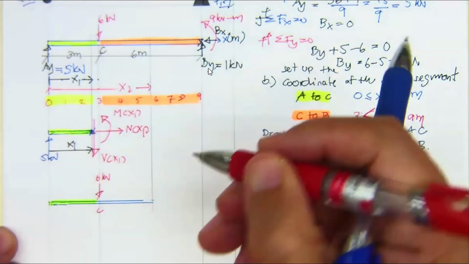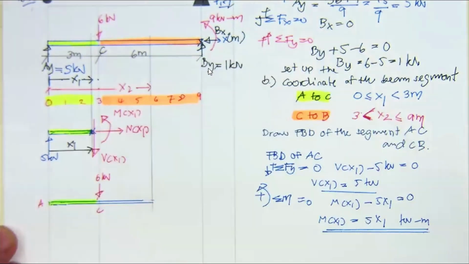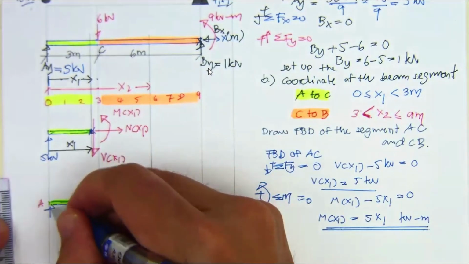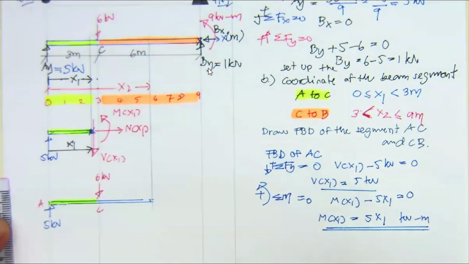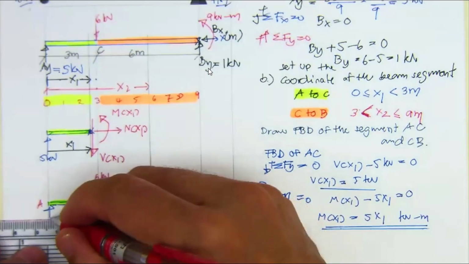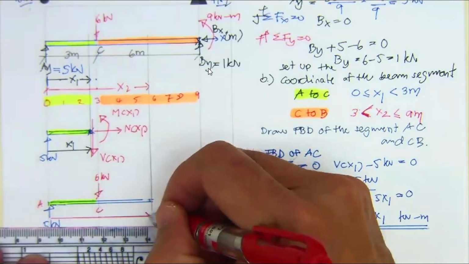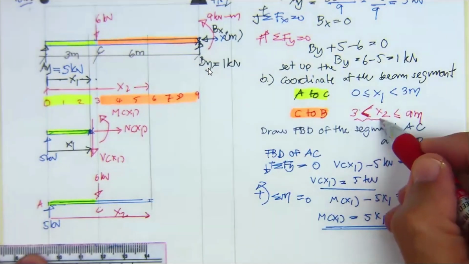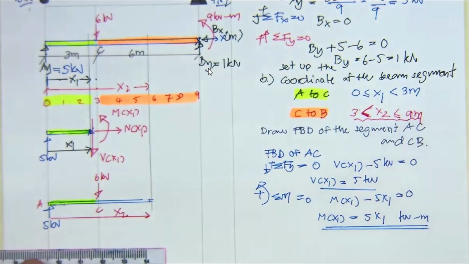This is C. This is A, and at point A we have 5 kilonewton. Now, x2 is measured from here to here. This is x2, but x2 is only from 3 to 9 meters.